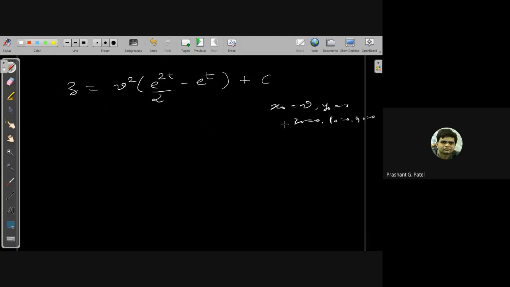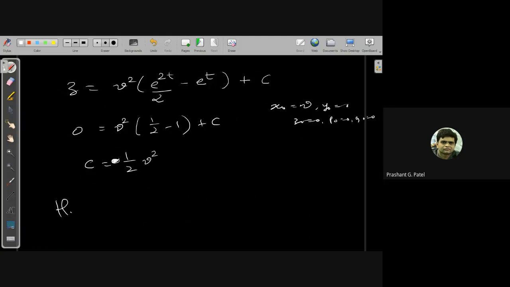Use that one. That gives me v square (e power 0, that is 1 by 2, minus 1) plus c, and z is 0. So that gives me c is equal to 1 by 2 v square, but that goes on the other side, so it will be plus. Okay, so that is the value of c we have.